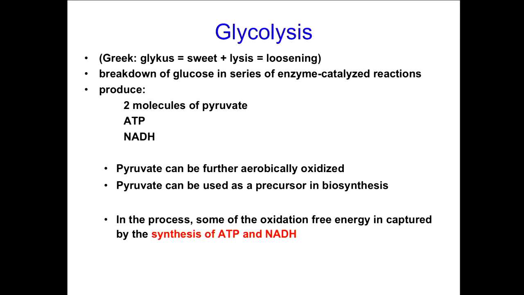I tell you that right away because some people want a little extra time to get to know their pathways before the exam. So definitely get to know the glycolysis pathway in detail. There are specific steps, enzyme-catalyzed reactions. In the end, we take this 6-carbon sugar and end up with 2 molecules of pyruvate.